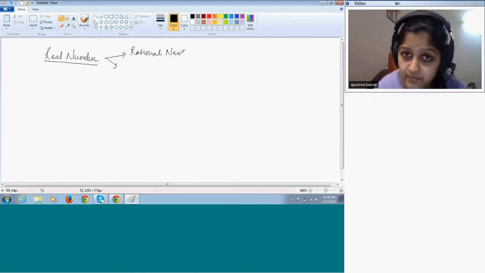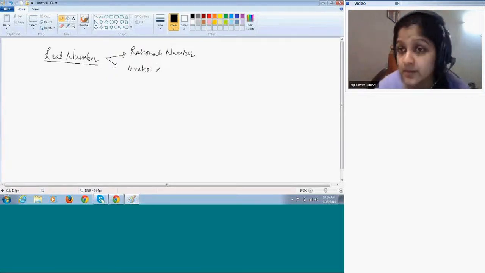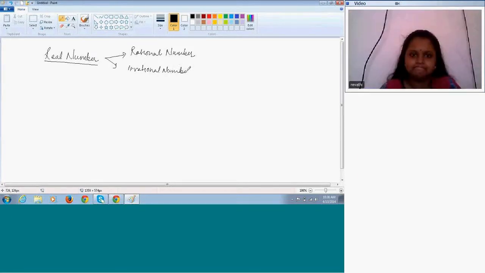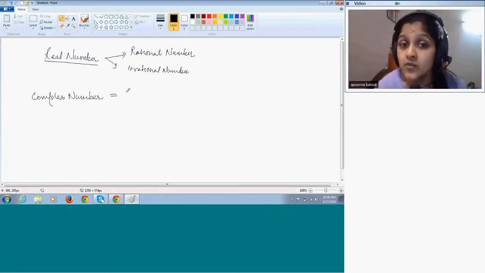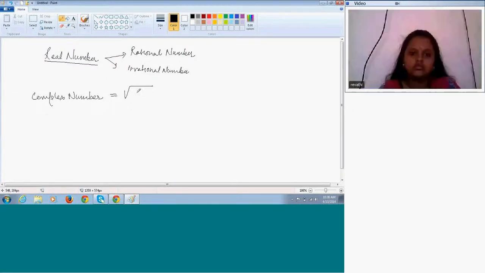That we think are not real, complex numbers. Okay? Complex numbers, Monica, are those with root. First, they are in root. Second, negative sign.